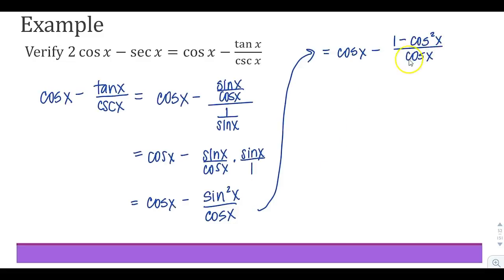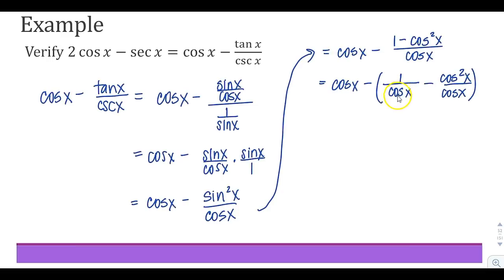And now, because I have 1 term in the denominator and 2 terms in the numerator being subtracted, I can split this up as 1 over cosine x minus cosine squared x over cosine x. So I have cosine x minus, and I'm going to put parentheses, 1 over cosine x, minus cosine squared x over cosine x.